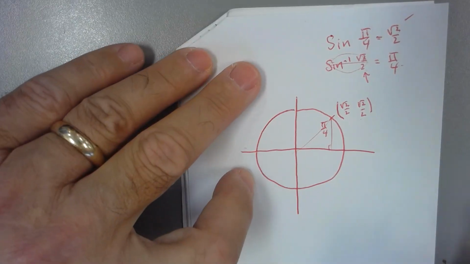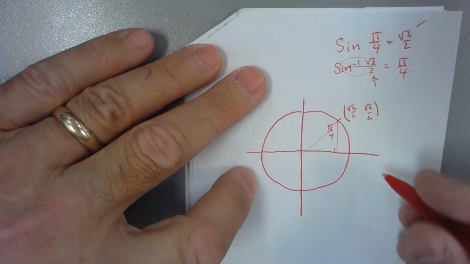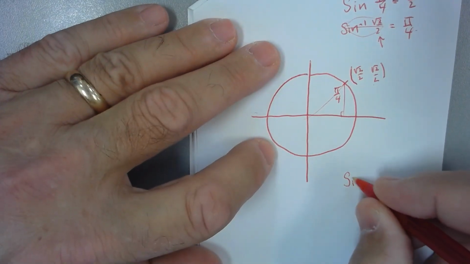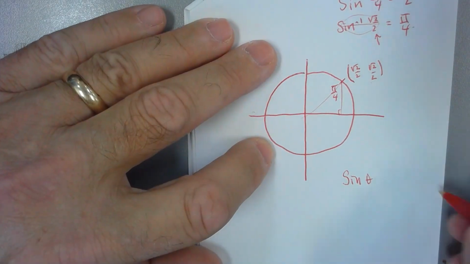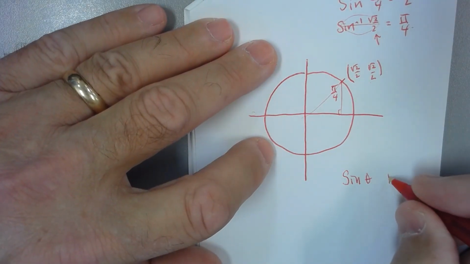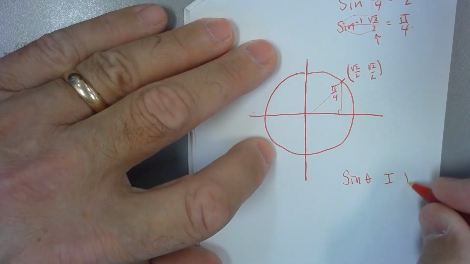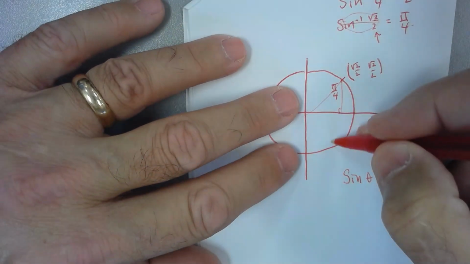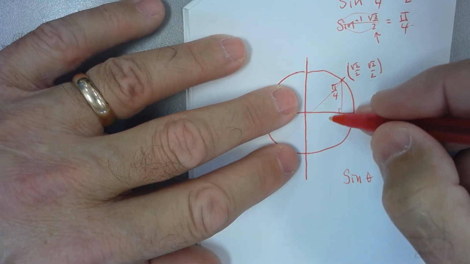Right? So when you're using inverse trig functions, you use quadrants for sine. You use quadrants 1 and 4, because y values have positive values and negative values in those two quadrants.